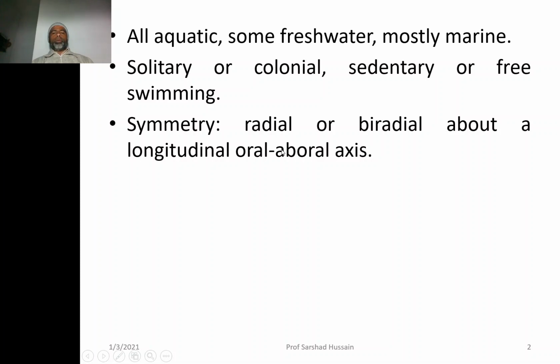So if biradial symmetry or radial symmetry is there, it is always from oral to aboral. When you cut across from oral to aboral, they may be divided by only two radii, so biradial, or by so many radii, that is called radial symmetry.